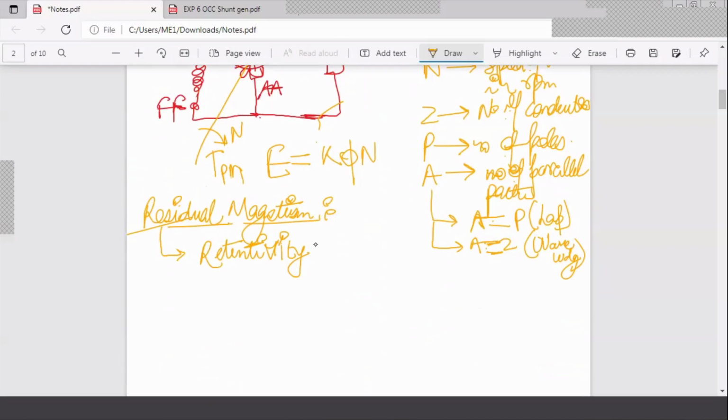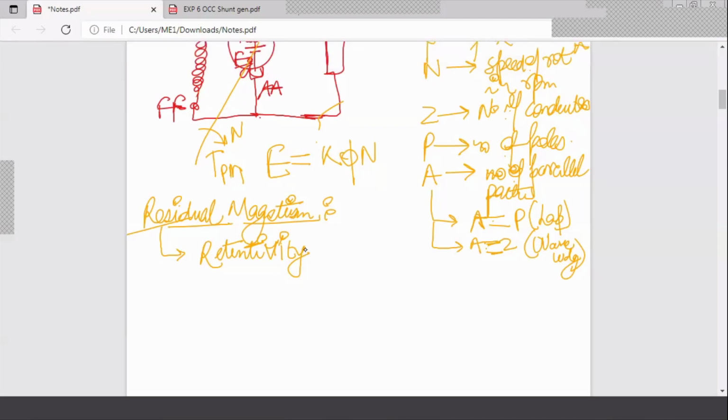It is the capability of a magnetic material, or the amount of magnetic flux which is still present even after removing the excitation voltage. That residual magnetism, that degree of it, is known as retentivity of your magnetic material.